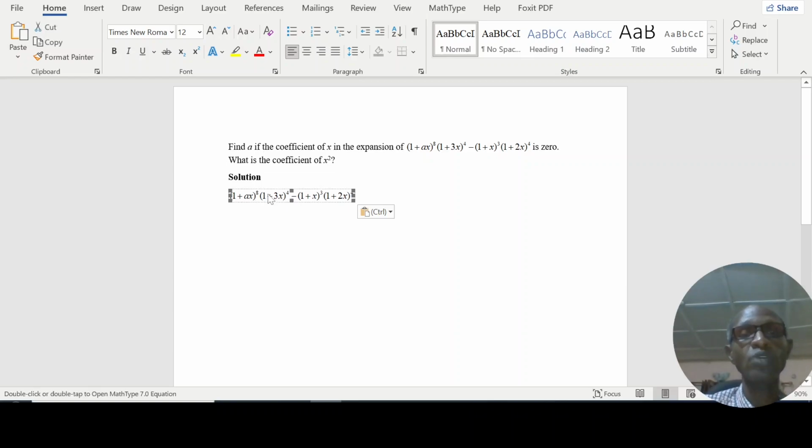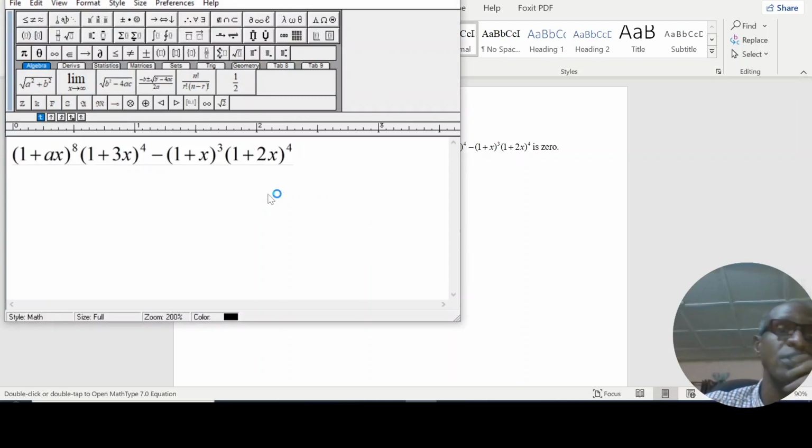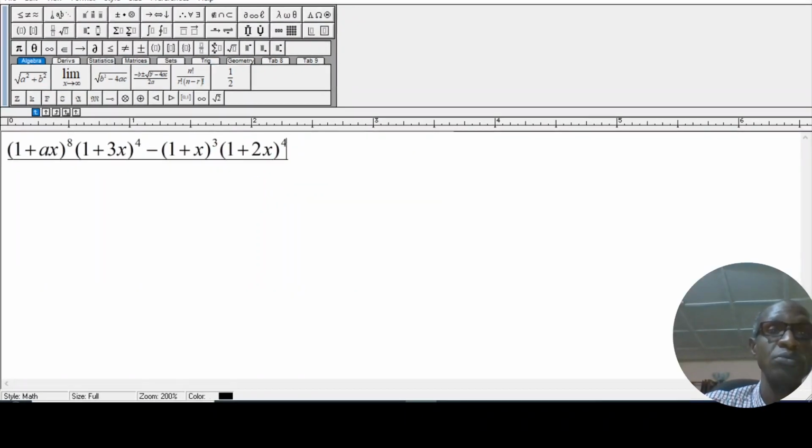The first thing you need to take note of in this problem is that you don't need to expand everything for now. You just need to expand towards the question we are asked to find. In this case, we are asked to find to the level of x, that means when x is raised to the power of 1.